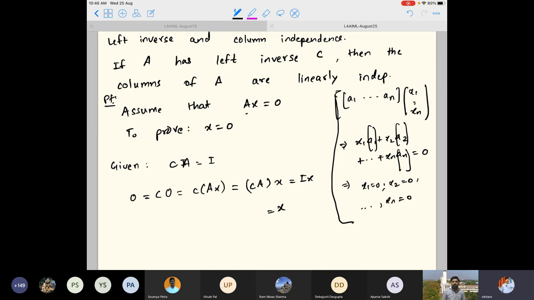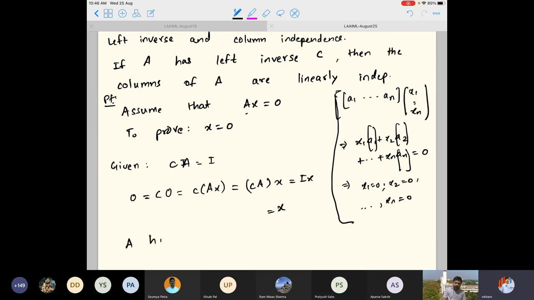You understand the proof? I am using matrix properties. That's all. I am not doing anything else. Is the proof clear? Yes, sir. So what does that mean? The columns of A are linearly independent.